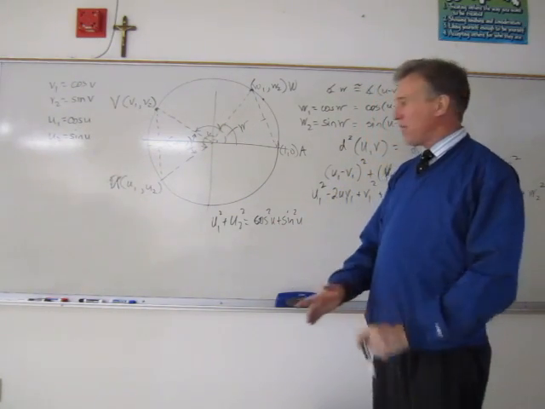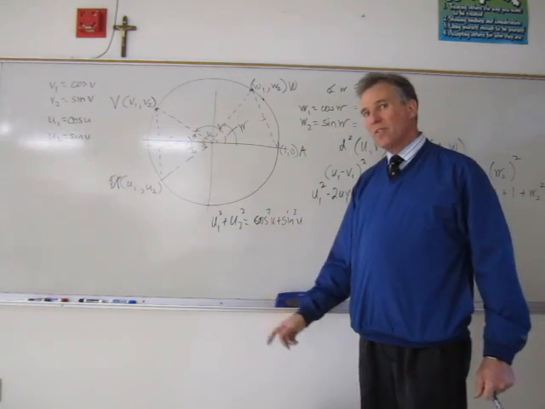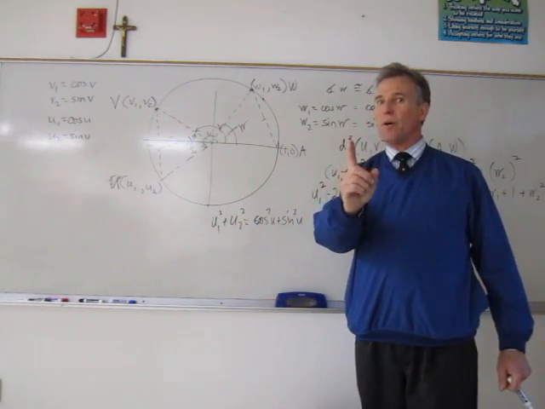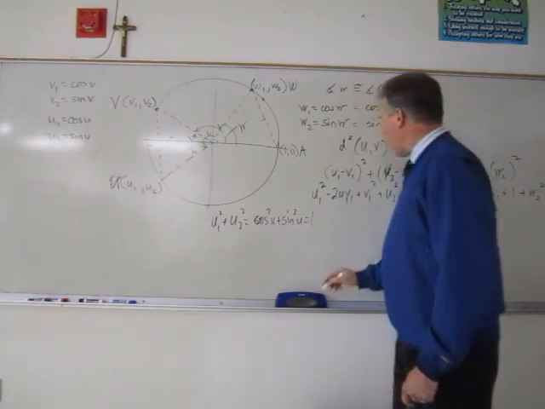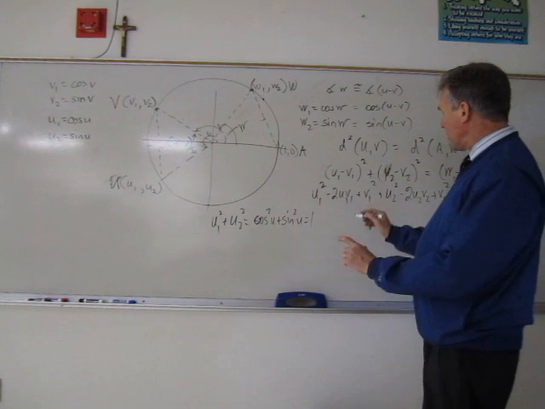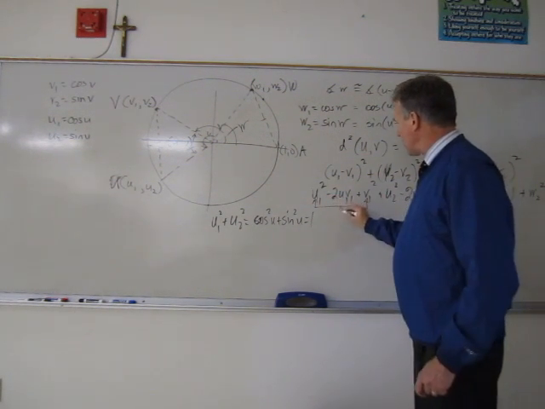Because we all know from the fundamental identities that for any angle, cosine squared plus sine squared equals 1. So I can do some regrouping and substitution. Right there, that equals 1.